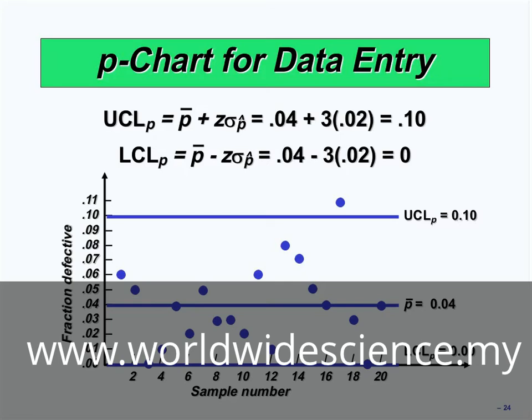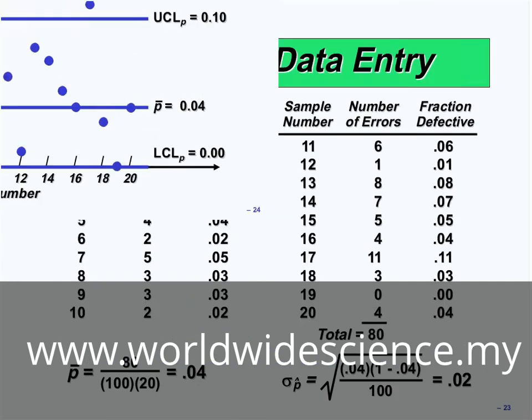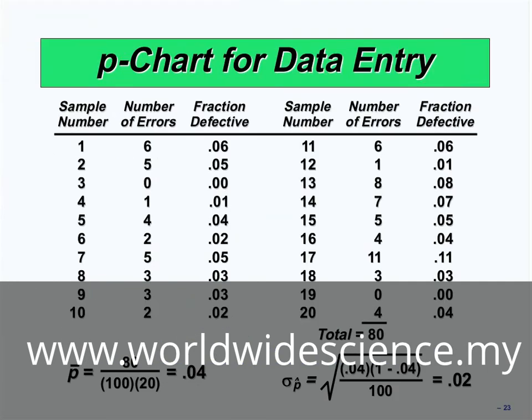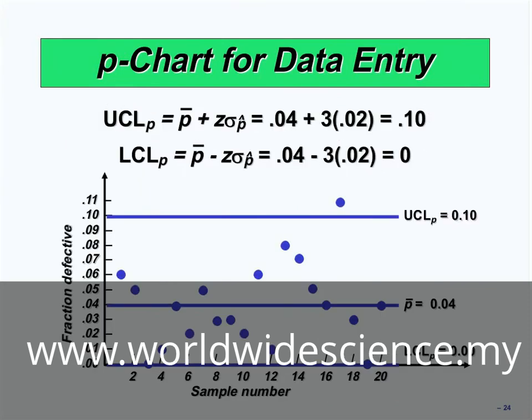As you see, sample number 16. Please let me check the table. Sample number 17, the fraction defective is 0.11. It's more than UCL because UCL is 0.10, but we have 0.11.